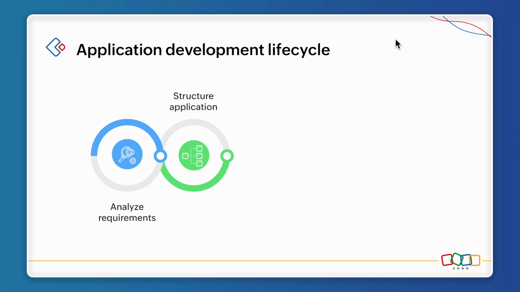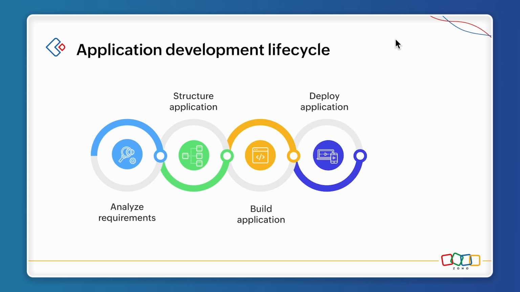Once the structuring is completed, you will move on to the next part, which is developing your application. Once the development is completed and you have created all the reports and modules that you want inside your application, you will move on to the deployment of your application.